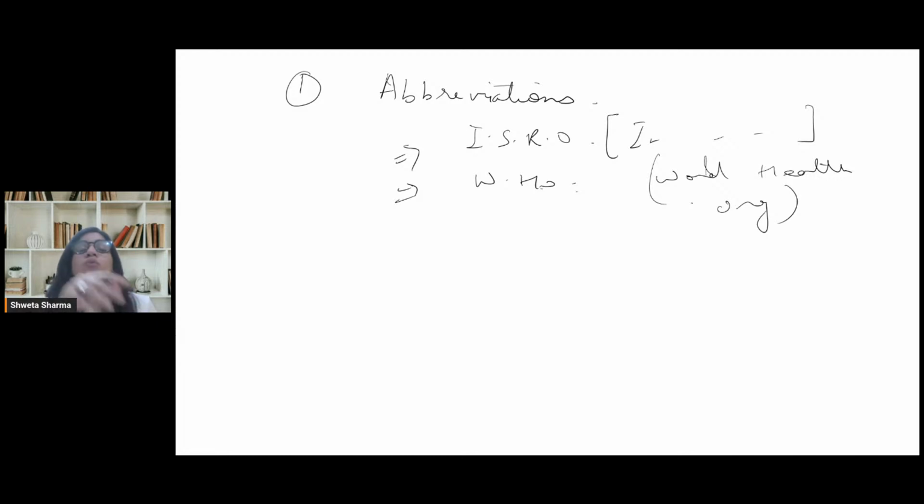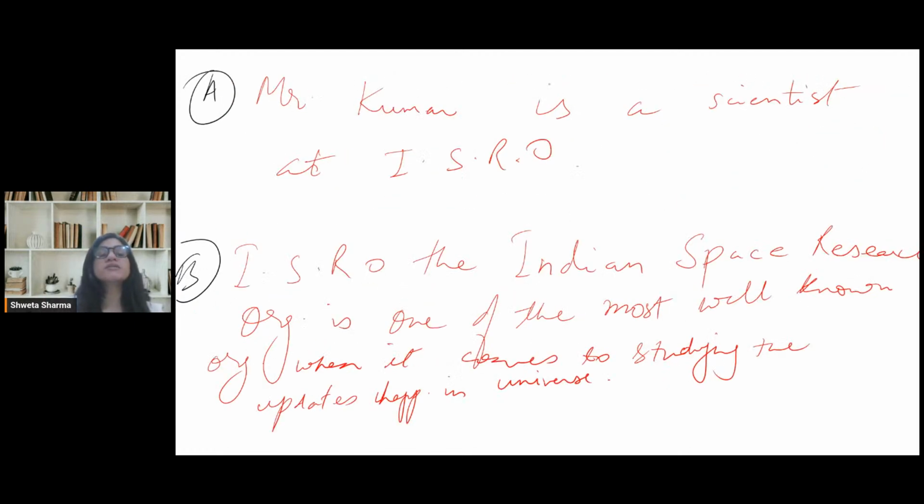So whenever you have any abbreviations, it's always important to use the expanded version rather than just using ISRO or WHO or maybe NHA. Whatever short forms we are using, they should always be used with the expanded version in the first sentence. That sentence which contains the entire explanation of that abbreviation should come first.